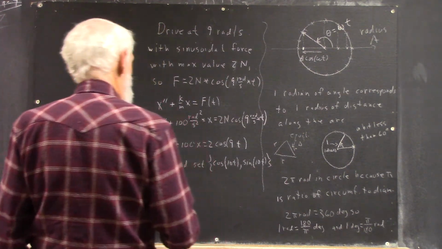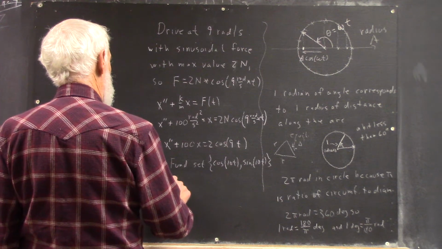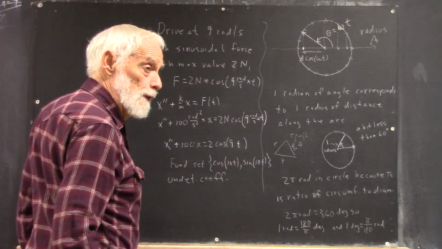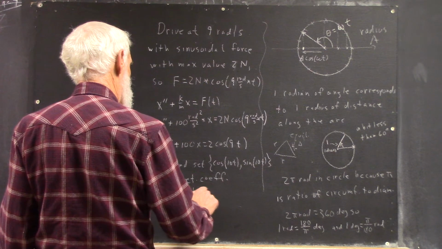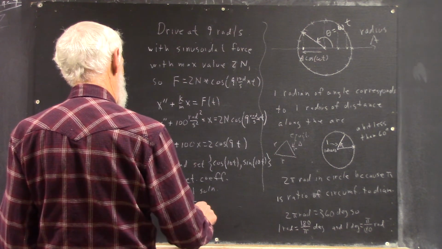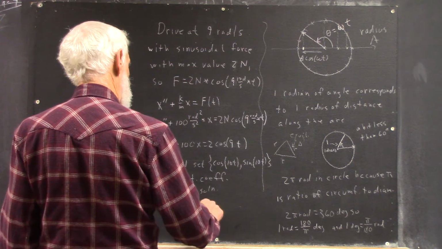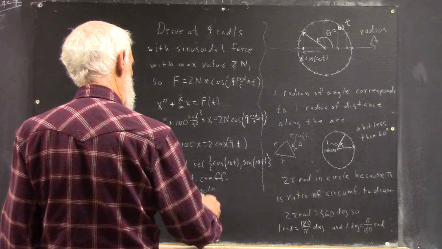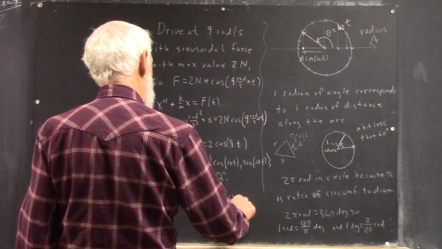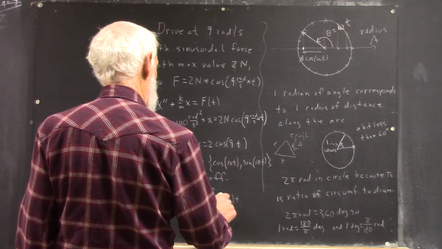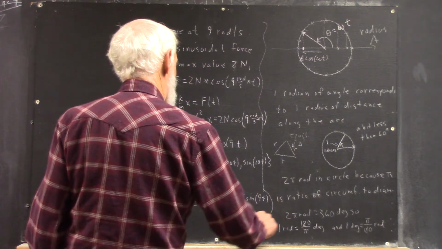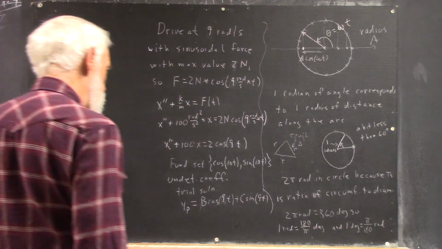So here's your fundamental set. We're going to use a trial solution. So we're going to use undetermined coefficients to solve the non-homogeneous equation. y sub p equals b cosine of 9t plus c sine of 9t.